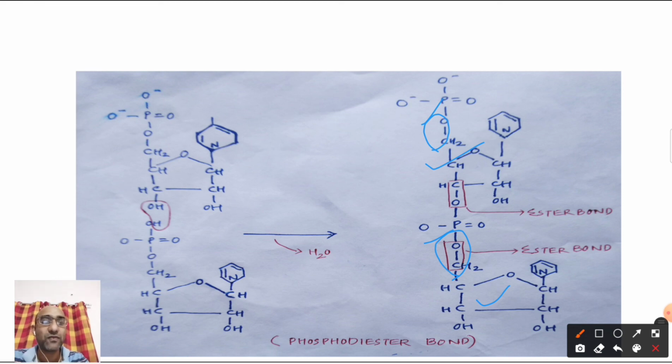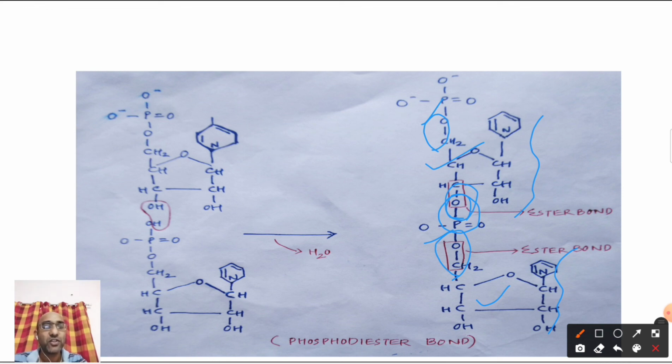Already an ester bond is formed in nucleotide formation. Now this particular nucleotide is attached to this nucleotide by means of another ester bond. Okay. Now this one is another ester bond. Got it? In this way, two ester bonds are present through a phosphate group.